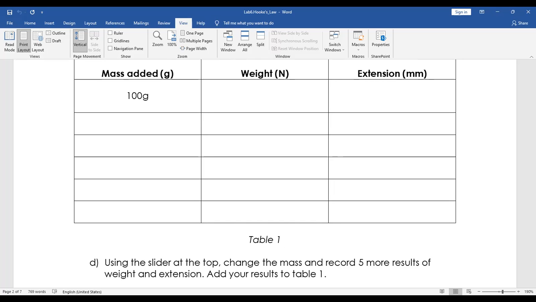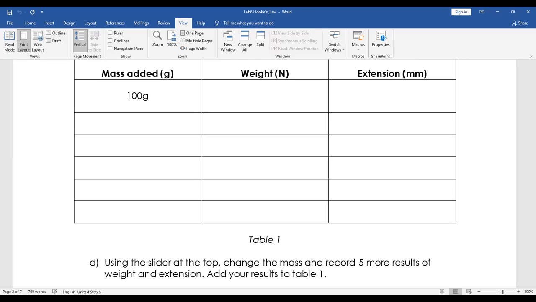130 grams is 0.13 kilogram, and 0.13 times 9.8, that is the weight, equals 1.274 Newton.